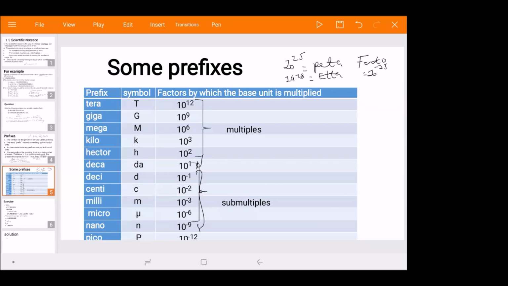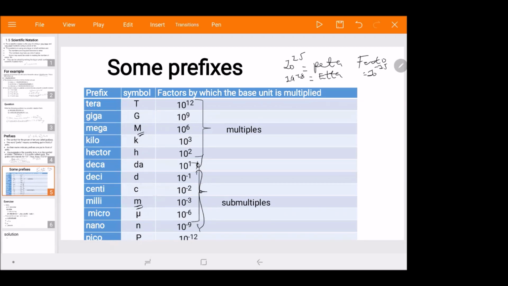So you must know their symbols. For example, the difference between prefixes and their symbols is small and capital letters. Have you seen small m and capital M?